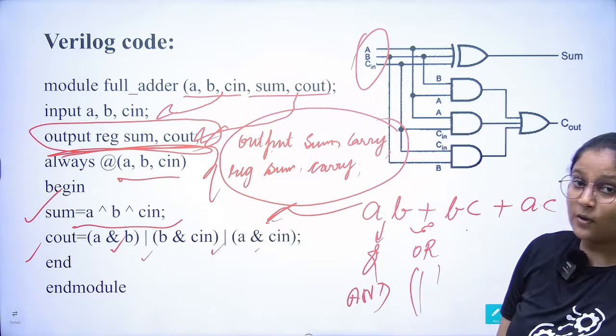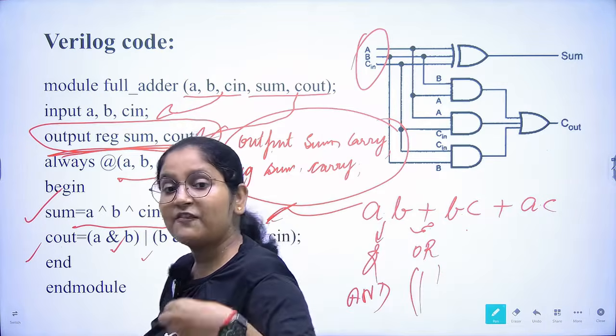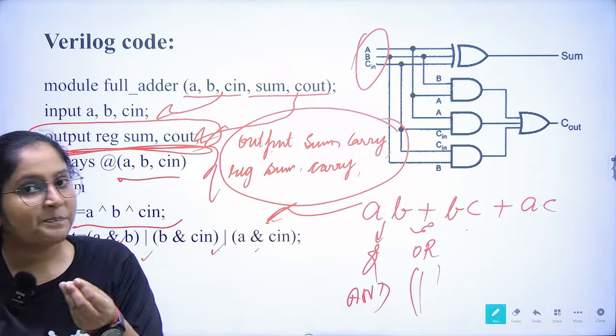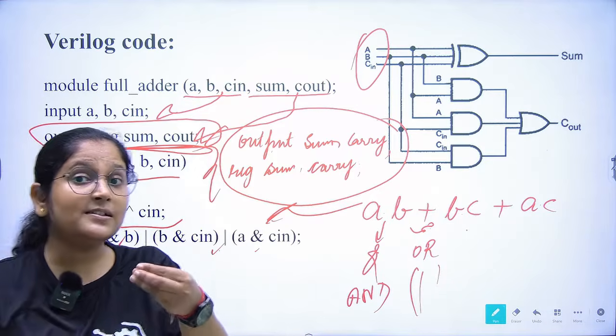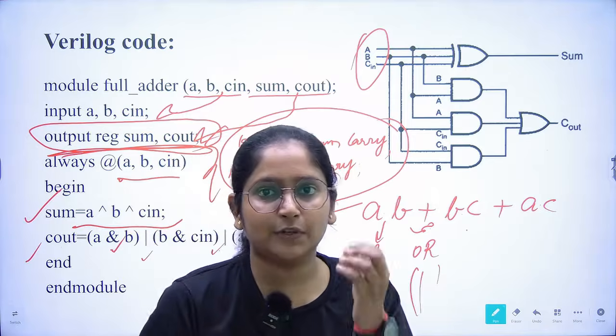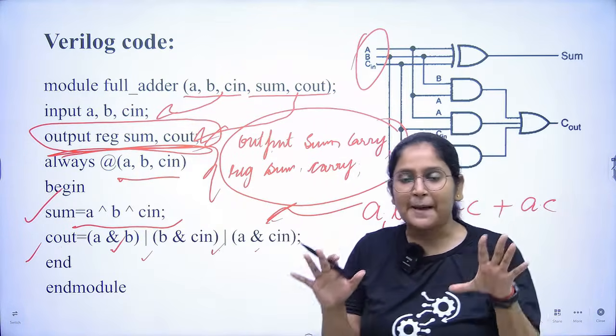Getting it? So I hope this is a very basic example. See, these are very basic examples, like very basic digital circuits. So once you understand all these basic things, trust me, sequential circuit designing would be very easy for you. You'll be able to do the entire thing in a snap, right?